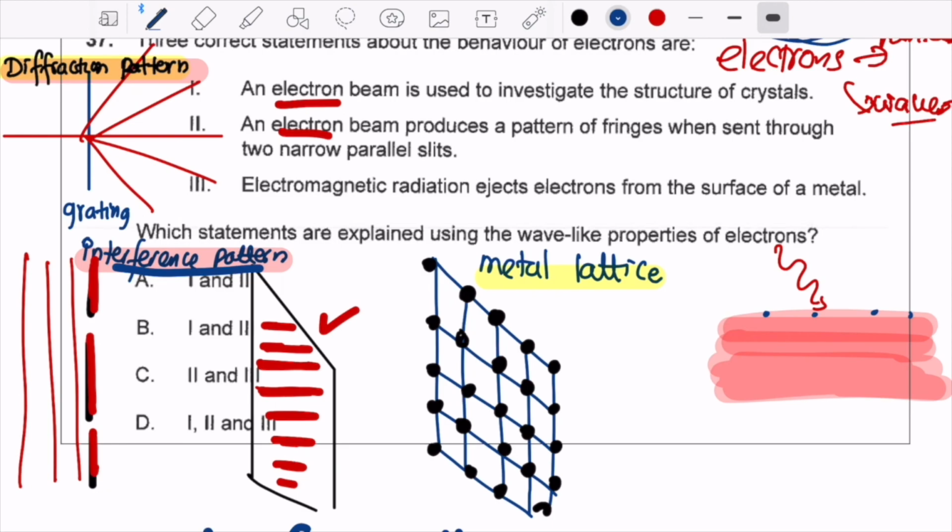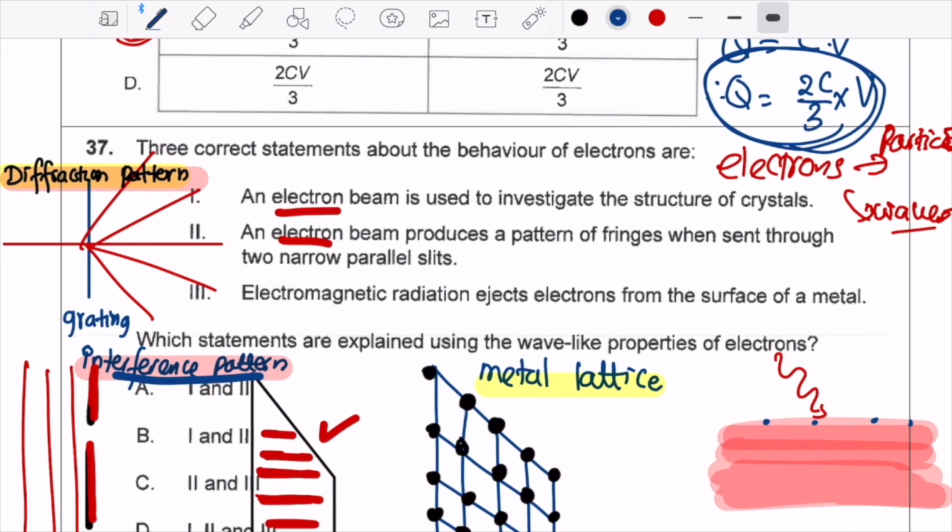And interestingly, electrons can do this also. Second, if you send a wave through many slits, like a diffraction grating, it will produce this type of pattern. Again, this is called a diffraction pattern. If anyone can show diffraction, it is a wave.